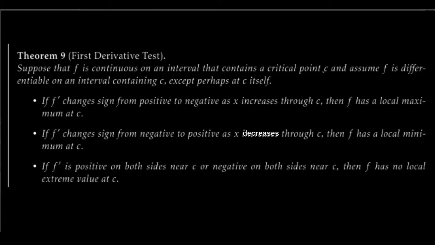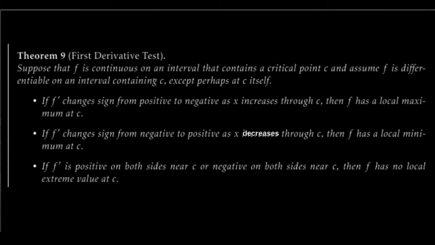And let's also assume that f is differentiable on an interval containing c, except perhaps at c itself. I know that's slightly confusingly phrased. So f is continuous on an interval that contains c, differentiable on an interval that contains c, except it may not be differentiable at c itself.